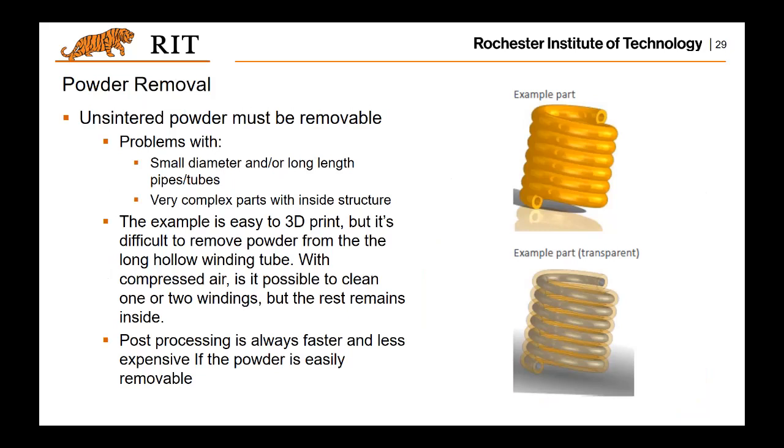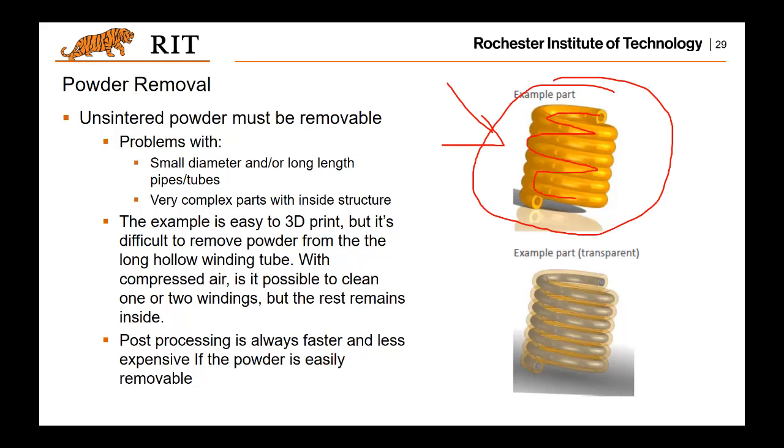For example, if you have such a spiral tube, and the diameter of the tube is small, or the length of the tube is really long, that could cause problems for the excess unsintered powder to be removed. Just imagine if you build this part and there will be all the excess powder filled in this tube.